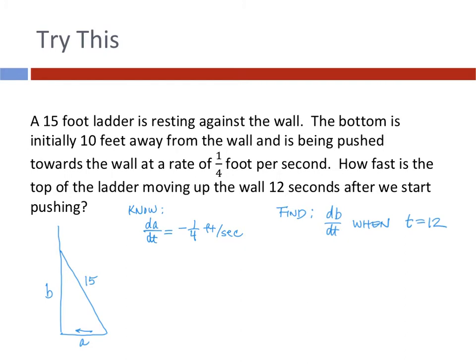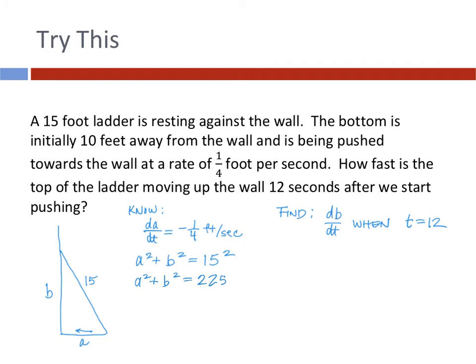We're not given any angles, so we can't use trigonometry. What we are given is the three sides of a triangle, so we can use the Pythagorean theorem, right? Which is a squared plus b squared equals 15 squared. And 15 squared is 225. So we have a squared plus b squared equals 225.